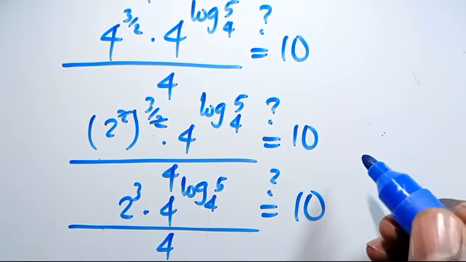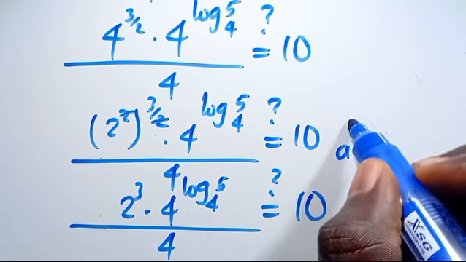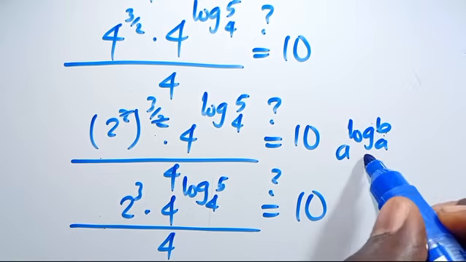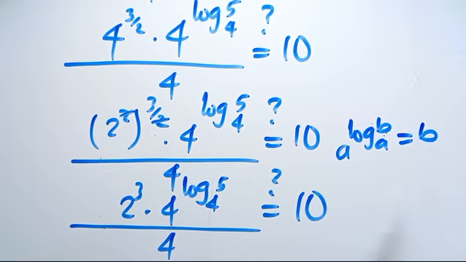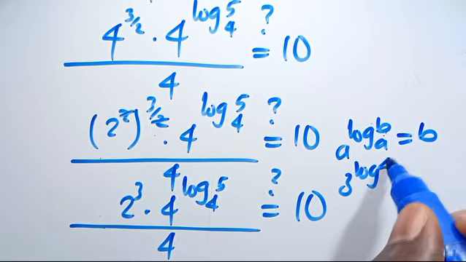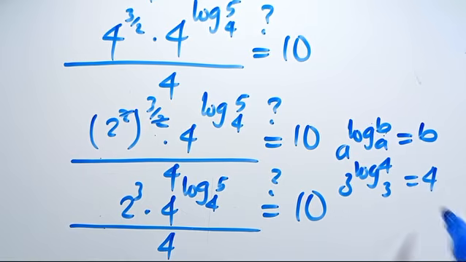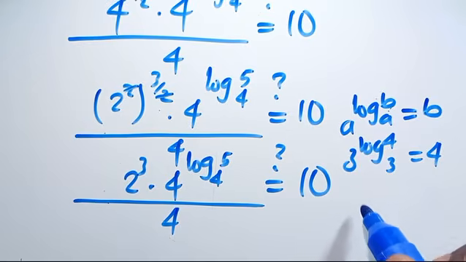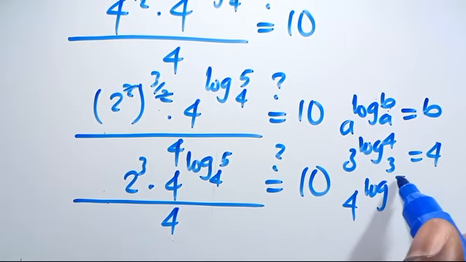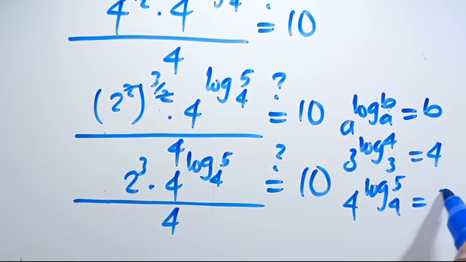Now, let us recall that anytime you have a to the power of log b in base a, so far as this base and this are the same, the output will always be b. Meaning that when you have 3 to the power of log 4 in base 3, the output will be 4. Here we have 4 to the power of log 5 in base 4, this will be 5.